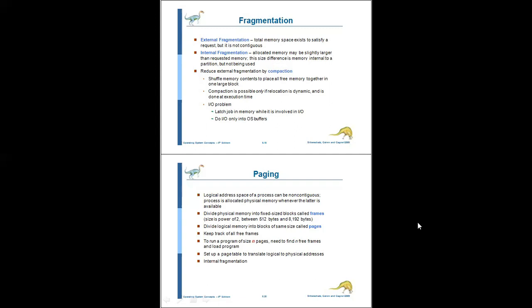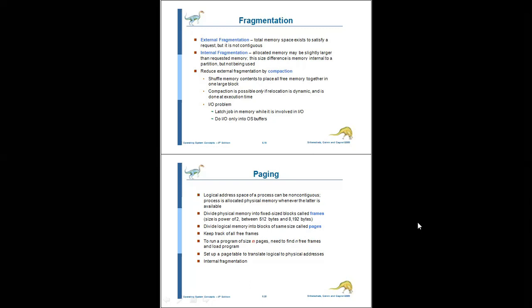The frame address is nothing but the physical address, and the physical address is represented by frame number plus page offset, not frame offset. That is the basic concept, the basic method for paging.